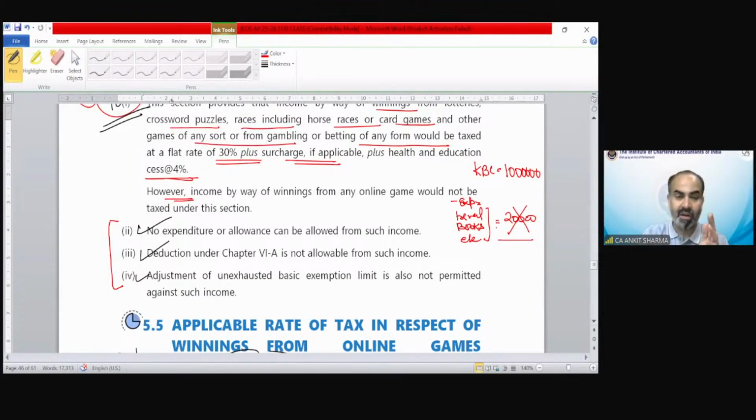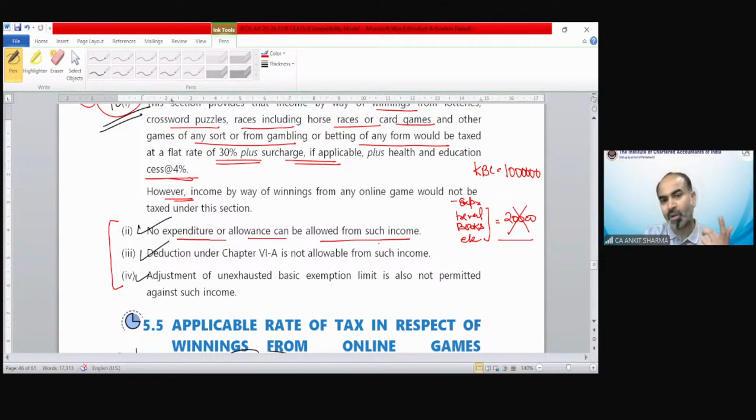Even if you have won a lottery ticket of 1 crore rupees and you purchased that lottery ticket for 10,000 rupees, you cannot claim that 10,000 rupees expenditure out of your income. So in case of casual income, remember always, nothing can be reduced from your casual income. No expenditure or allowance can be allowed from such income.